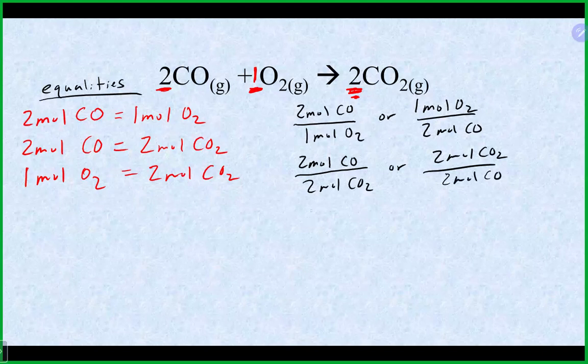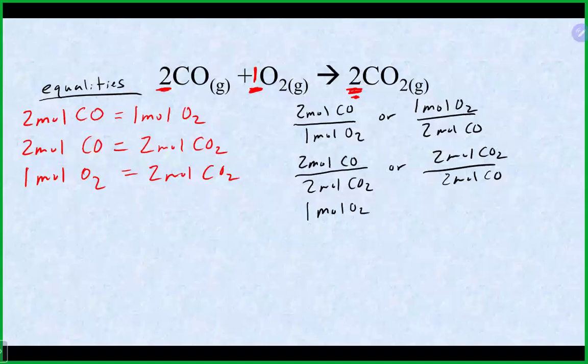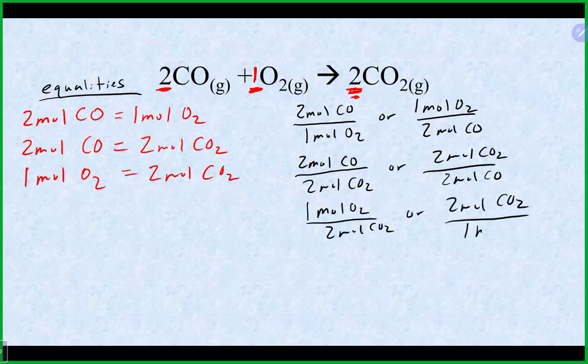And lastly, for the last one, we could say we have 1 mole of O2 over 2 moles of CO2, or 2 moles of CO2 gives us 1 mole of O2. So these are all the conversion factors that we could get from this one equation. So from this one balanced equation, we have 6 available conversion factors to use.